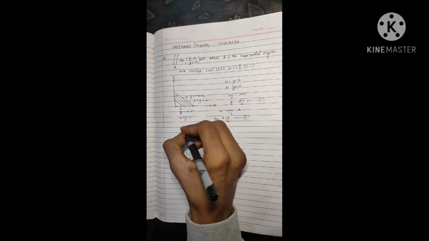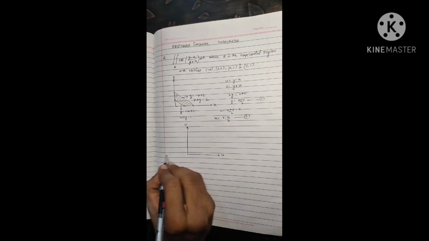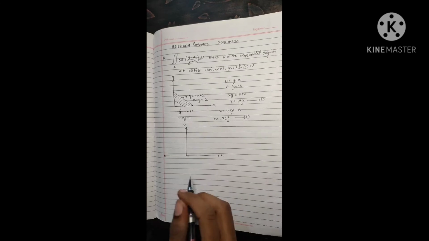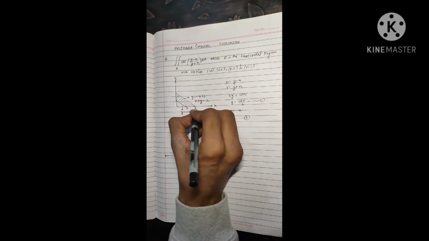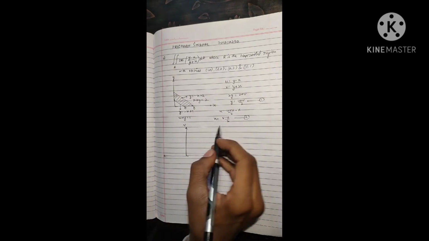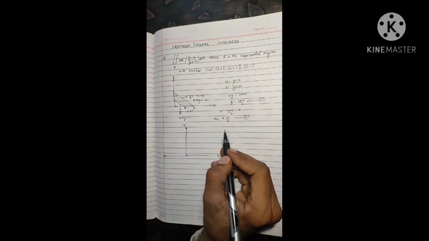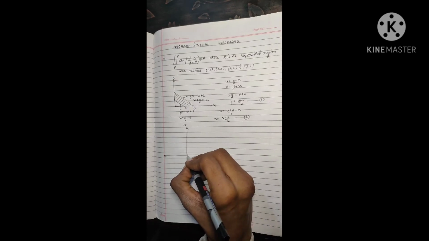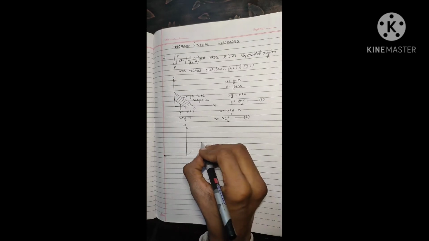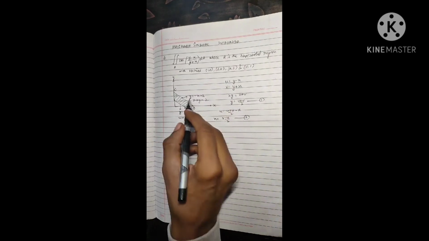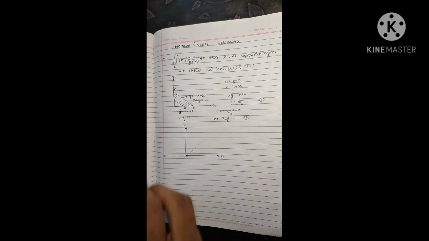this is the uv plane. For side AB, we have x equal to 0. If we put x equal to 0 in the equations, we get u equal to v. For BC we have x plus y equal to 2.